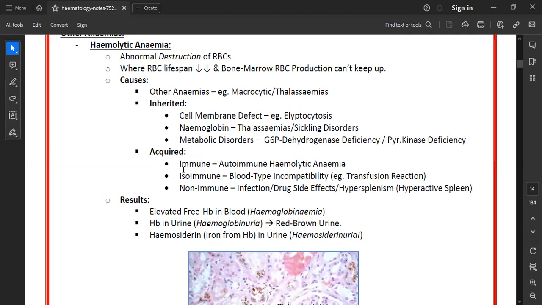Or you can have hypersplenism, where your spleen is overacting and removing too many of your red blood cells. If in these conditions your bone marrow is not able to keep up, you will exhibit the classic signs of anemia.